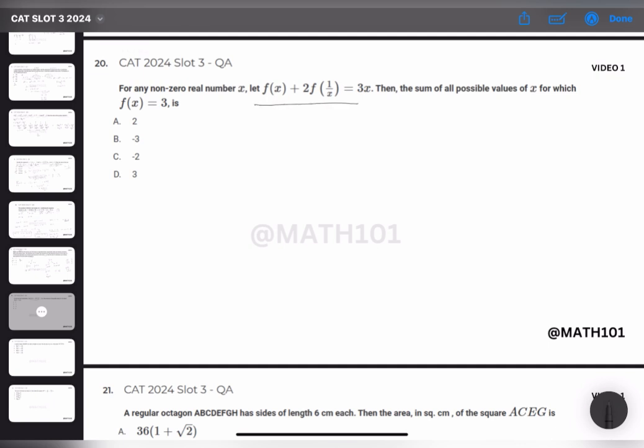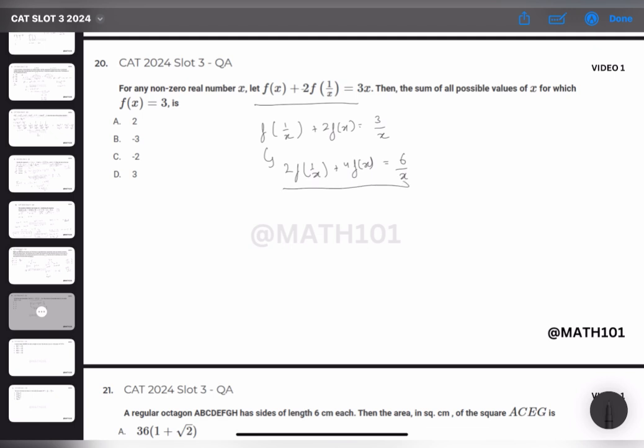We will replace x by 1 by x, and by that we will get f(1/x) plus 2f(x) equals 3 by x. Using both of these equations, we get 2f(1/x) plus 4f(x) equals 6 by x.